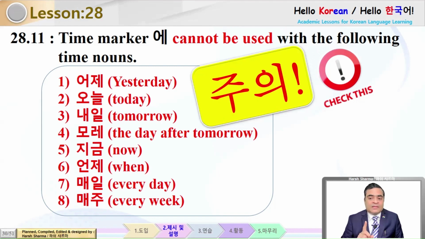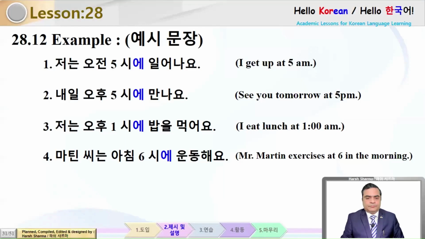Please never add this A time marker with these time nouns. You can use these 8 words directly in the sentence without using A. Clear, 여러분? Here students make lots of errors. This is the part where we have to be careful. Please make this list and write it in your notes, 여러분.